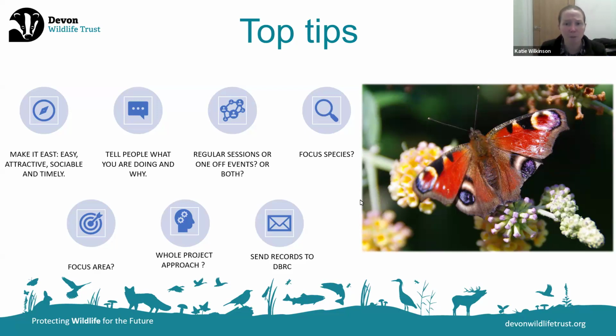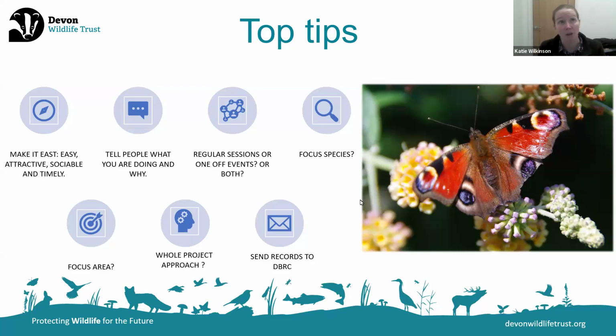So think about whether you want to focus on a particular species to begin with, or a particular space in your community. So for instance, do you want to focus on swifts, or hedgehogs, or frogs? If so, put all your efforts into monitoring that one thing.